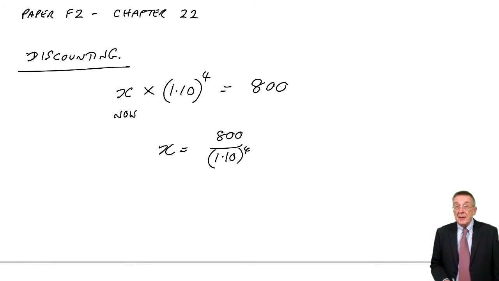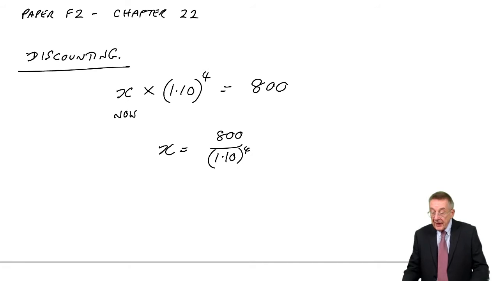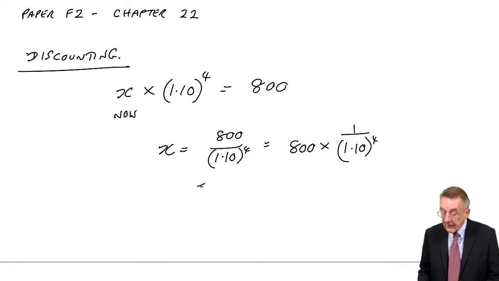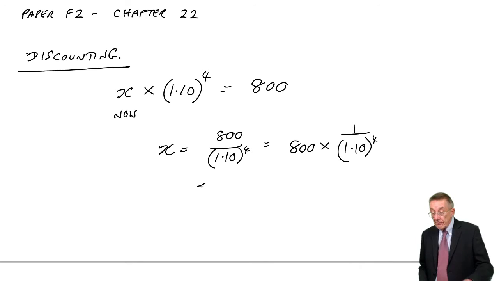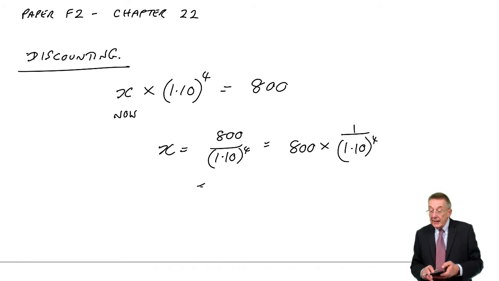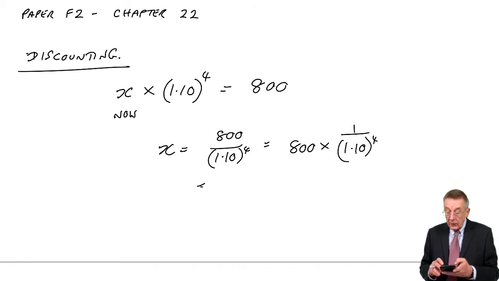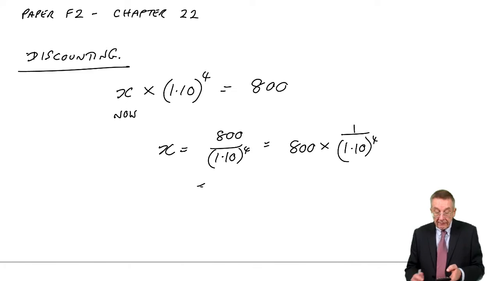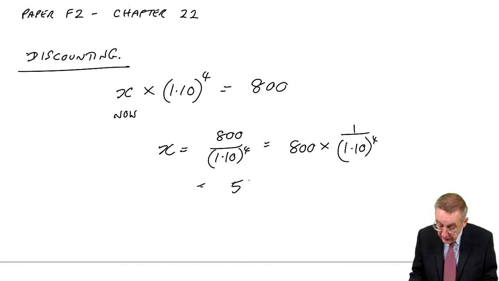It may seem a bit silly, but there's a reason for this. We tend to write it as 800 times 1 over 1.10 to the power 4. It's exactly the same thing. However, if you do divide 800 by 1.10, 4 times, we get 546 to the nearest dollar.